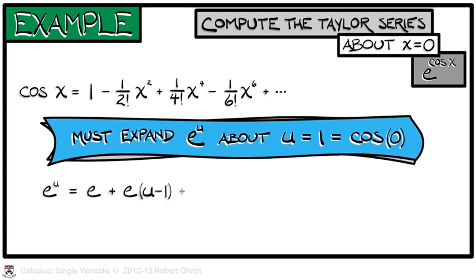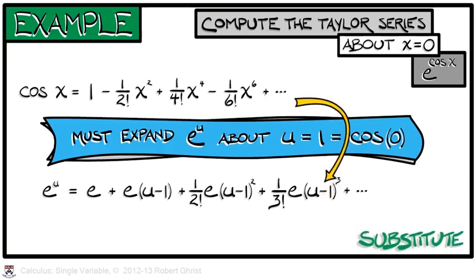Well, the Taylor series of e to the u about u equals 1 is easy to compute. There's nothing difficult there. However, what we must then do is substitute into it this series for cosine of x. That is, u is 1 minus x squared over 2 plus x to the 4th over 4 factorial plus higher order terms.